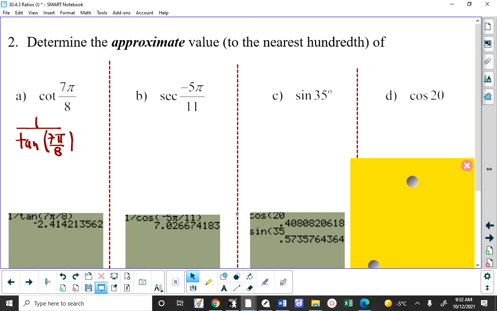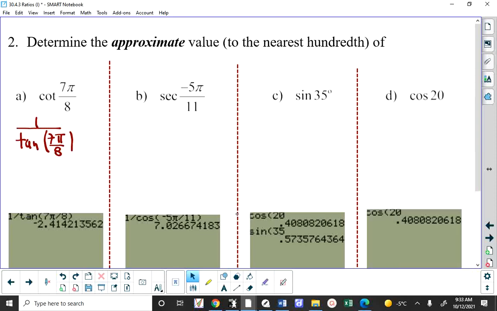What about cos of 20? Can you figure out for me what cosine of 20 is? And I know what's going to happen here. Many of you will not get the answer I have, and you'll wonder, how did I get 0.408, which is the correct answer, and not 0.9 something probably, or 0.8 something, which is your answer.